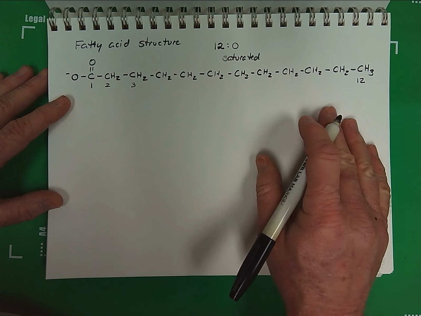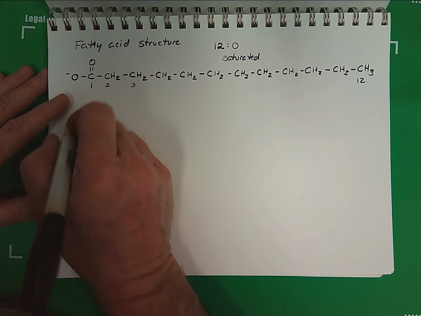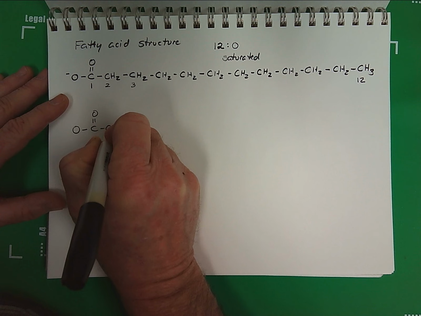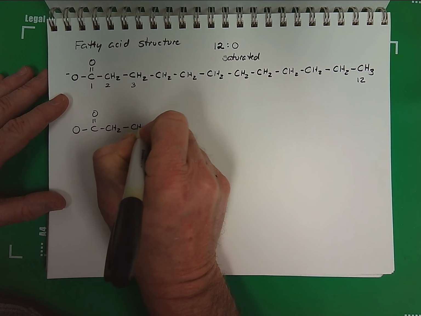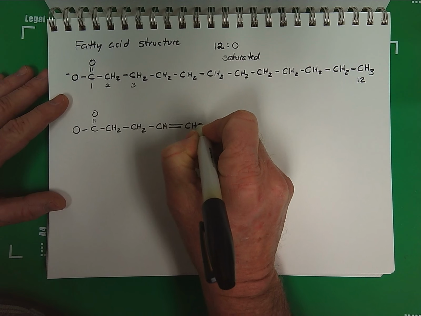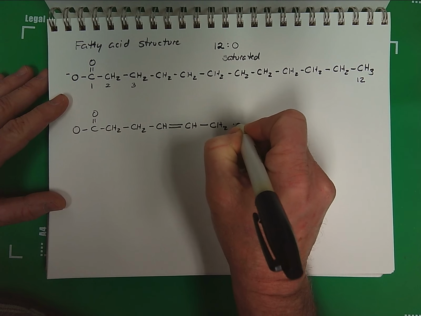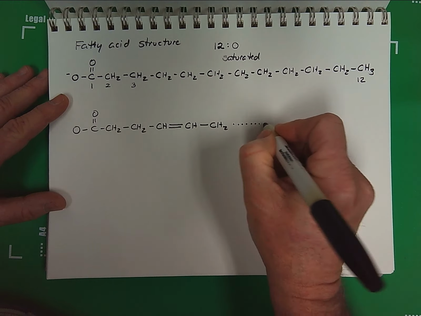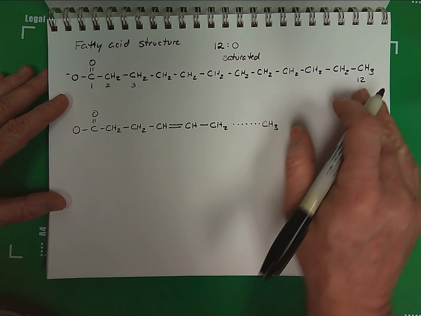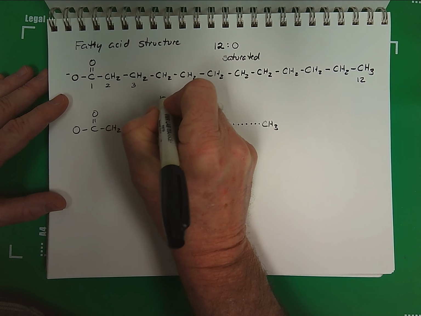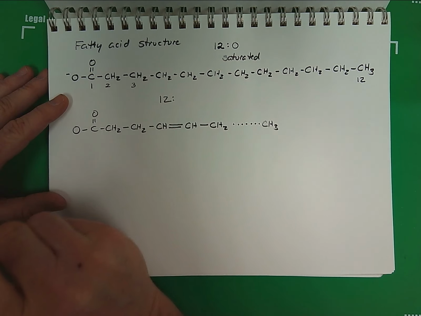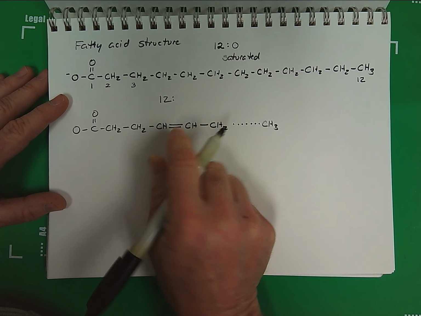Now, what if we were to add a double bond in here? So we're maintaining, for example, our 12 carbon structure. So that doesn't change. But now we've introduced a double bond.